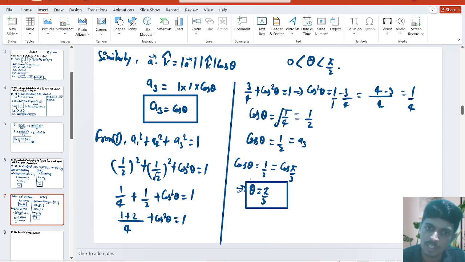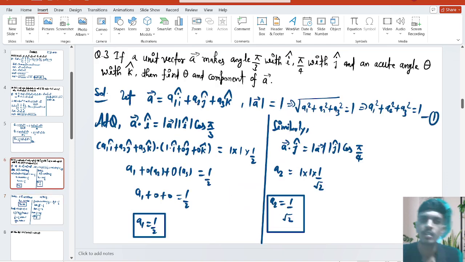So what we need to find is the angle theta. It lies in the first quadrant because this is an acute angle, and the scalar components of vector A are A1, A2, A3.